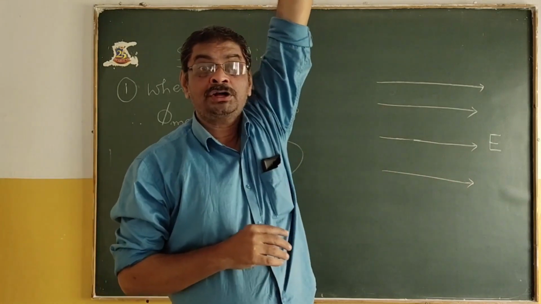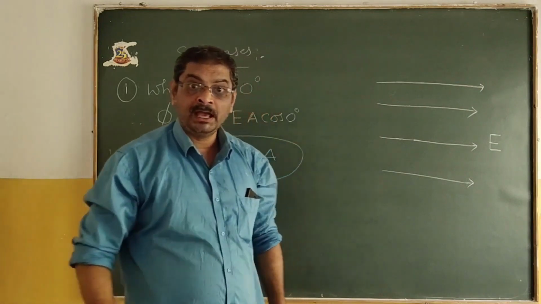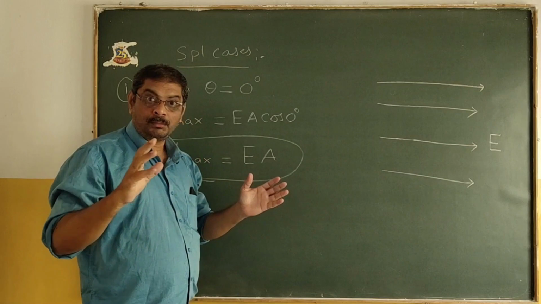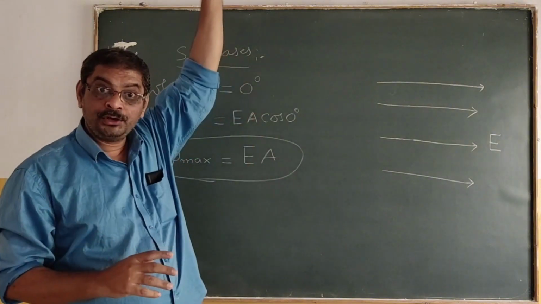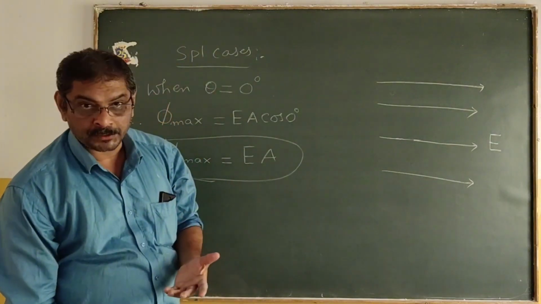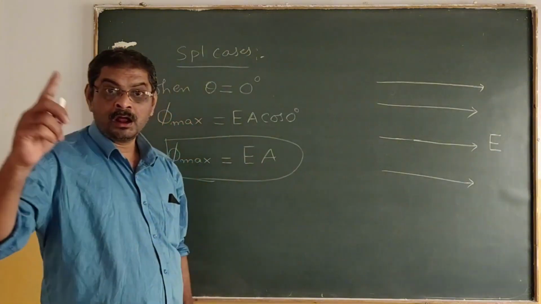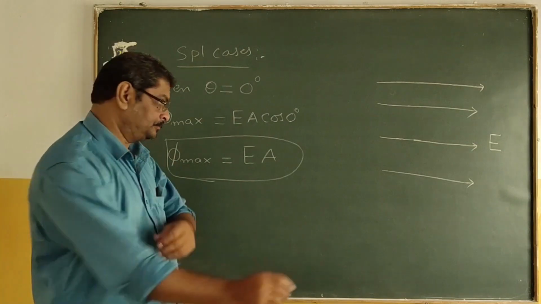Therefore the electric flux will always be maximum, given by the formula phi max equal to E into A. So that is the first case we got, when the electric flux will become maximum.